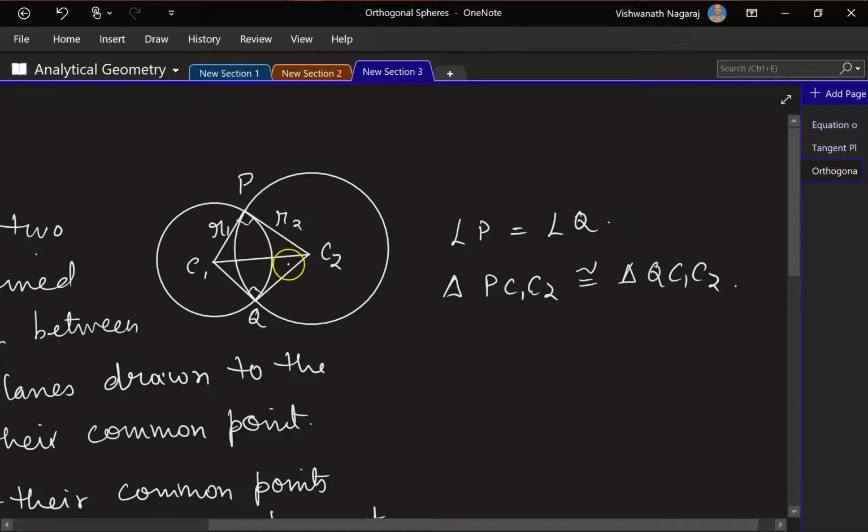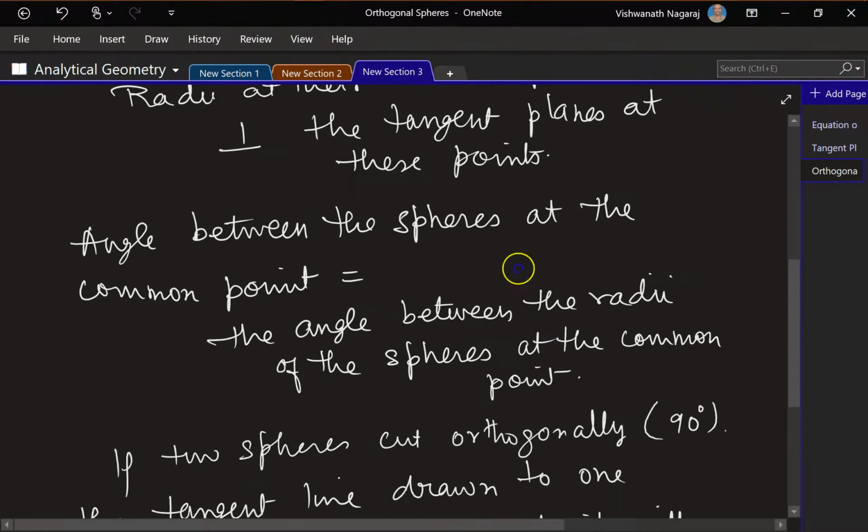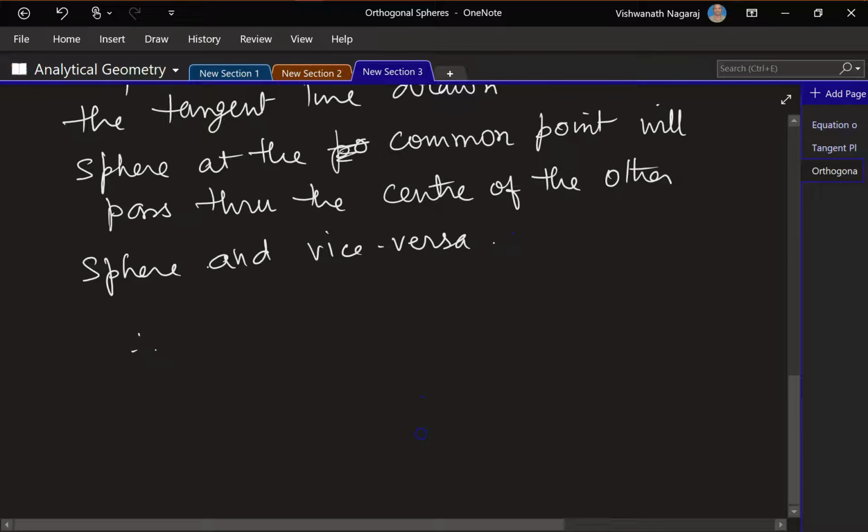Because you have a hypotenuse common, right? Hypotenuse is common, so basically RHS. So an angle and the hypotenuse are equal, which means that these two triangles are congruent. So which means we can apply Pythagoras theorem, right?